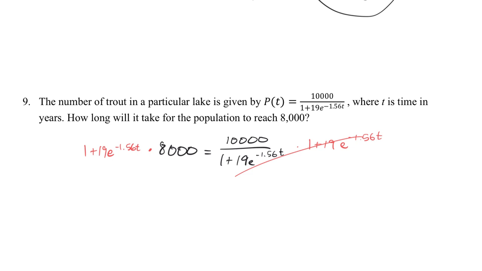So on the left side we have 8,000 multiplied by this denominator. So a couple things you could do here. You could distribute the 8,000 into the parenthesis, or because it's multiplying here, you could divide. I'm going to divide by 8,000.